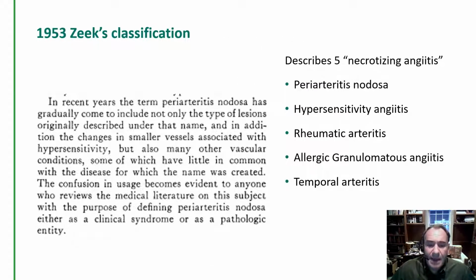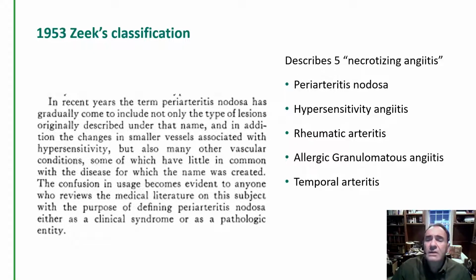In that paper, as I say, the large reason was that there was confusion in usage, yet as greater techniques and more pathology was being done, it had become recognized that there were different conditions being described here. So they were trying to decide, is this one clinical syndrome with different findings, or are we seeing different pathologic entities?